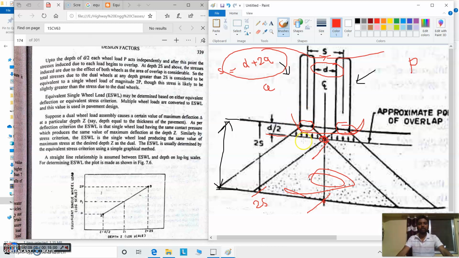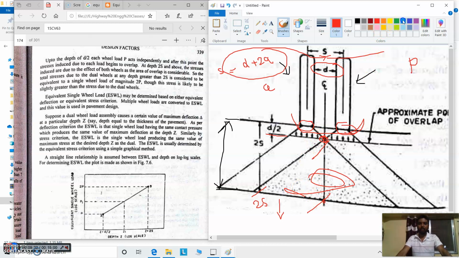So the total stress due to the dual wheel assembly at any depth greater than 2s is considered equivalent to a single wheel load. In this analysis we are concerned with the area between D by 2 and 2s.